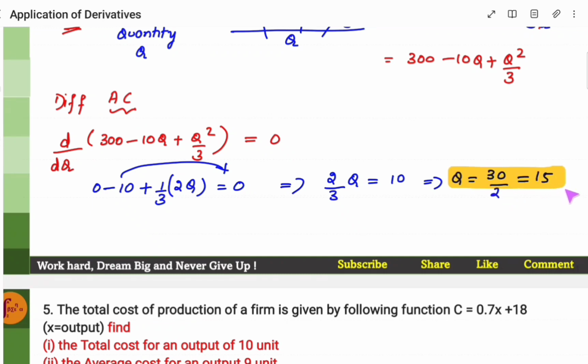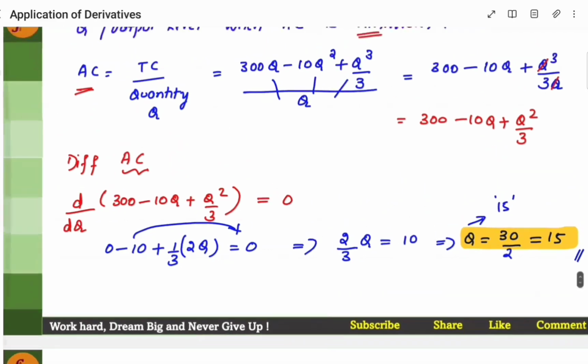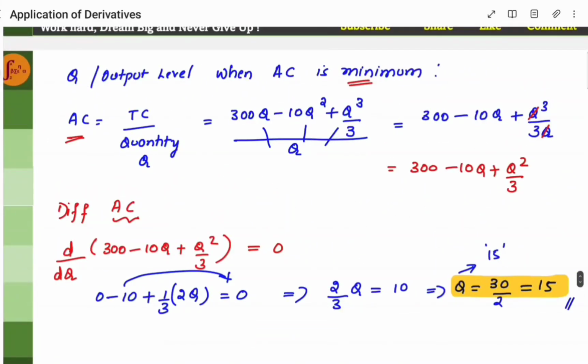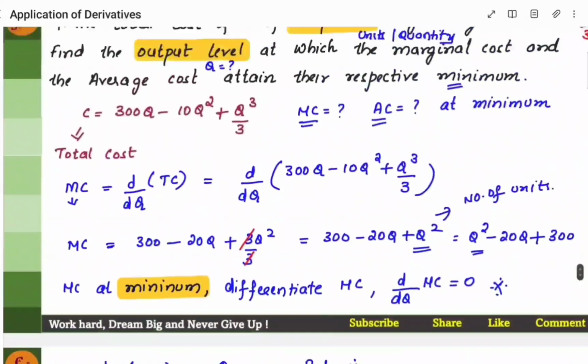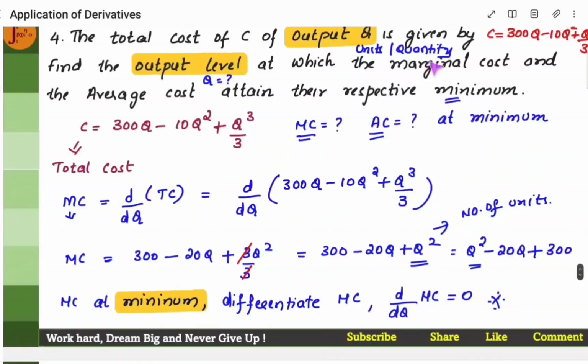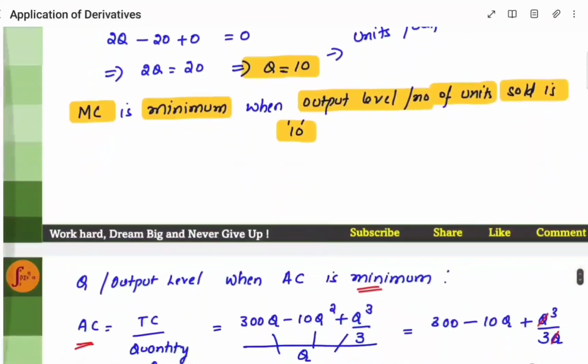Q is 15. So when the output level, that is, when the number of units sold is 15, average cost is minimum. Now we can verify this also. They've told that marginal cost and average cost should remain minimum, right? What does minimum indicate?